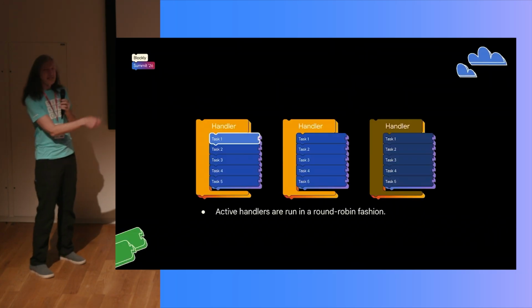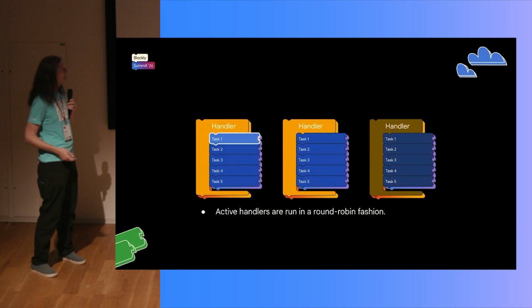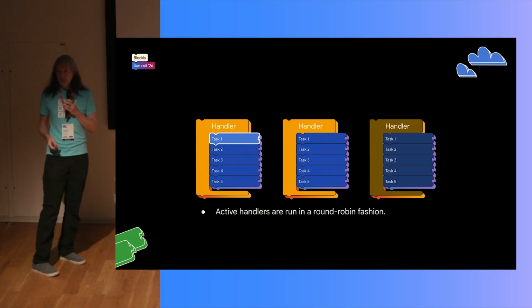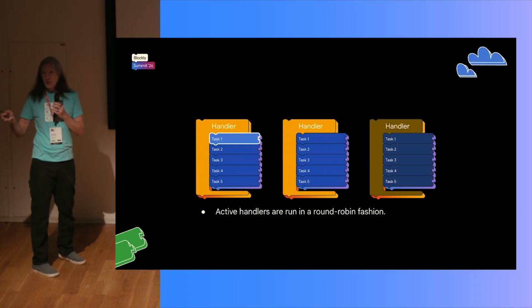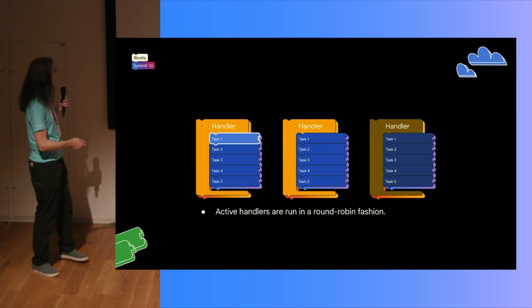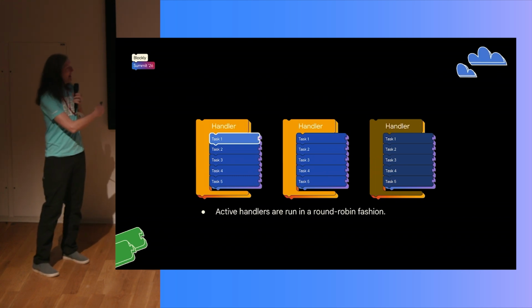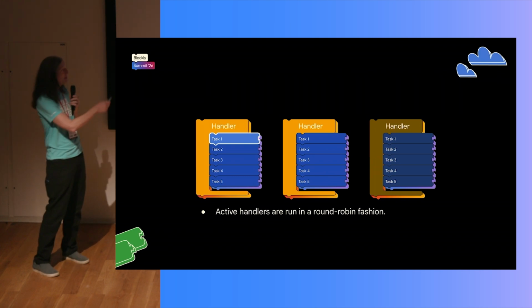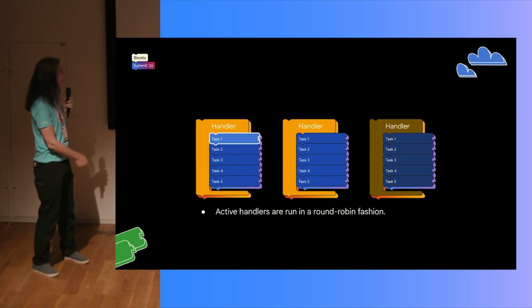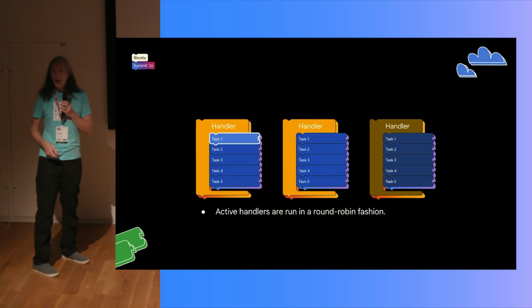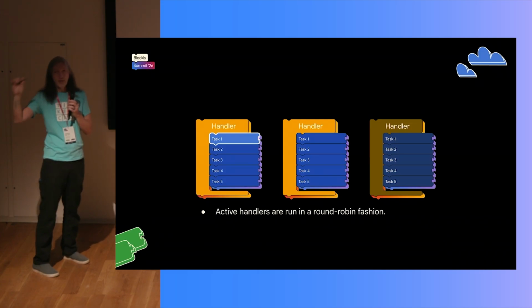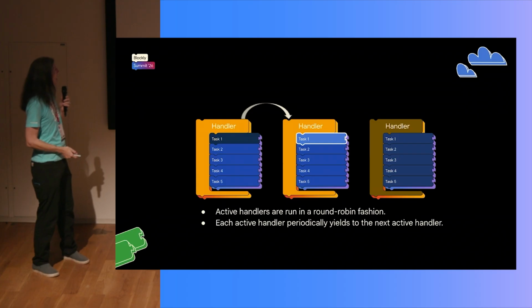So here's an example of how this runtime works. You can have any number of handlers, and those can be things like on start or a forever loop or on key press, on key release, that kind of thing. Here I've got two active handlers, which are the two lighter ones, and then an inactive handler over the side. Active handlers are just run in a round-robin fashion. So it does a certain amount of task on one and then switches to the next one and keeps going back and forth.